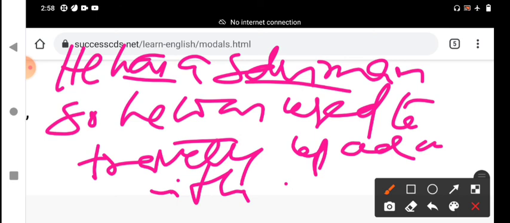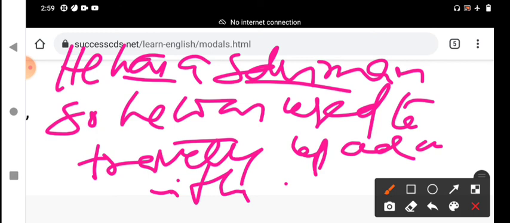That means as a salesman, we use it in the past tense. Be plus used to, we use in the present tense, past tense and future tense also. In this example, he was a salesman, so he was used to traveling up and down in the town. That means he was accustomed to that duty, he was familiar with traveling.